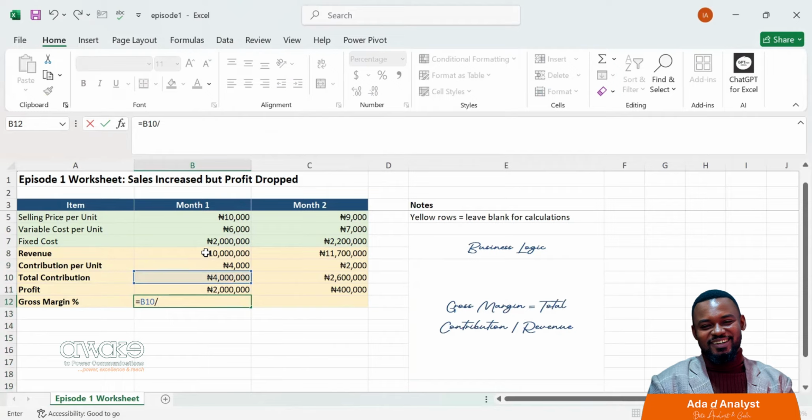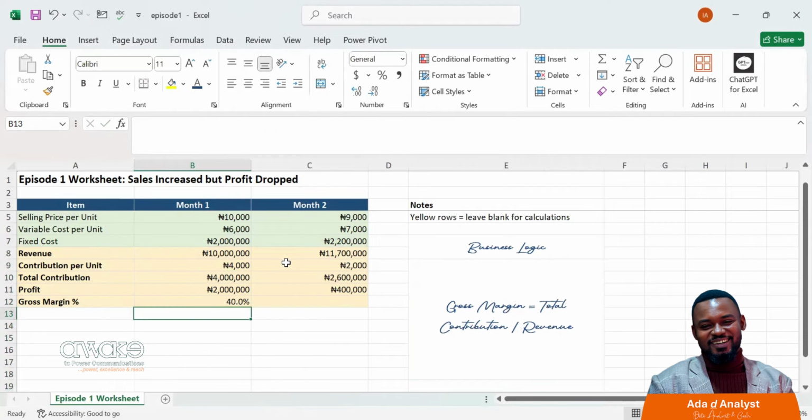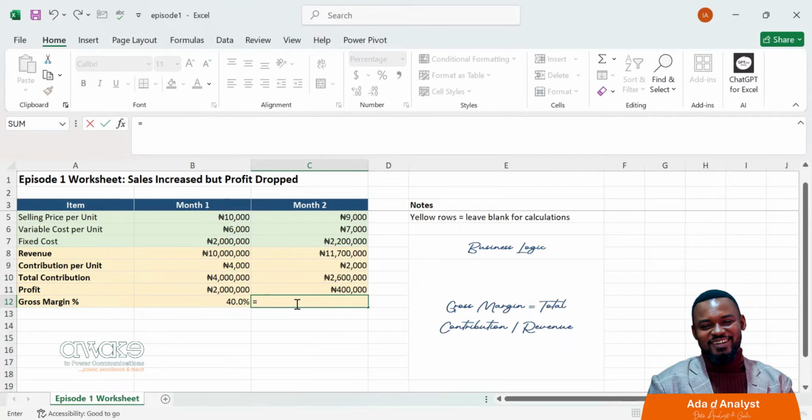We say divide by revenue. That gives us 40%, and that is because we had already formatted this to percentage. Let's do that here. Total contribution here, divide by revenue. That will give us our gross margin here.